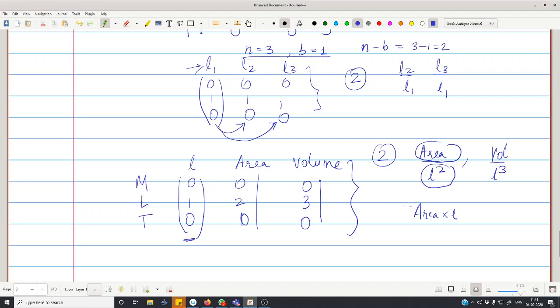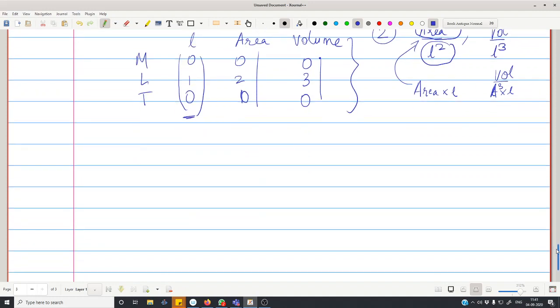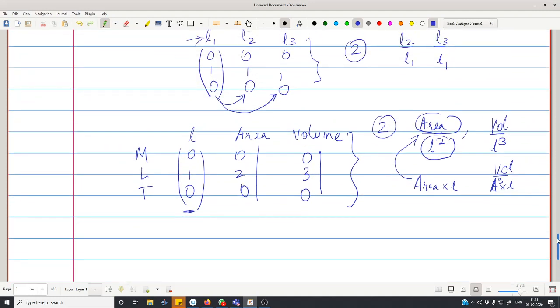I have already expressed area in terms of length. So only 2 dimensionless terms we can form. Of course, you can write volume upon area into length, but area itself is length square, so effectively it becomes L cube. It is one and the same. So we can't take higher powers of area or volume.